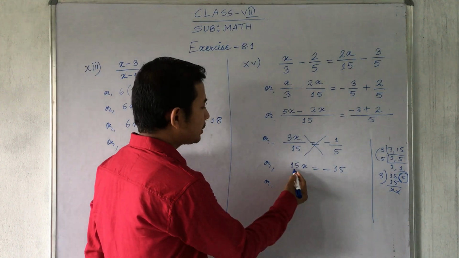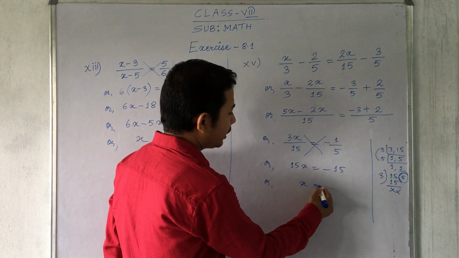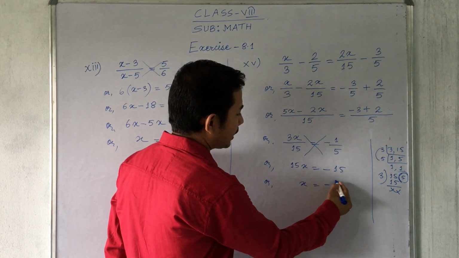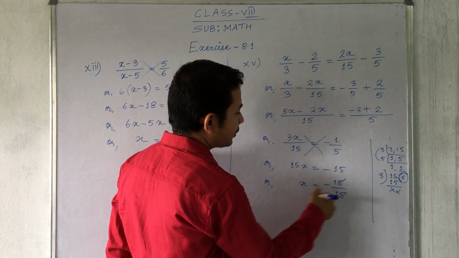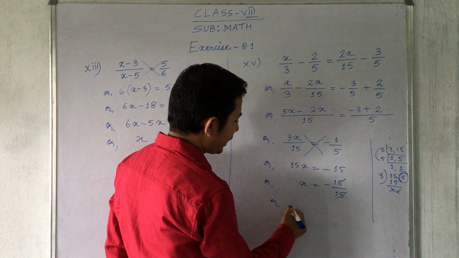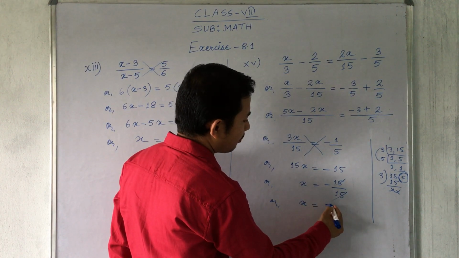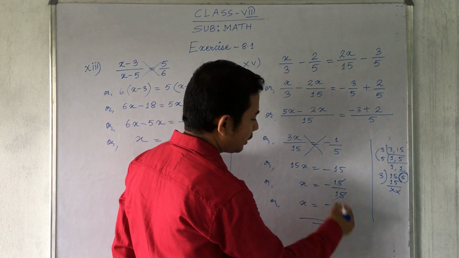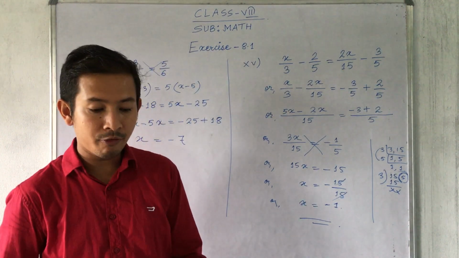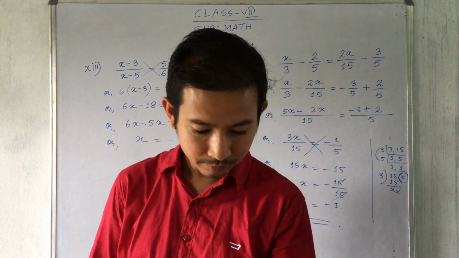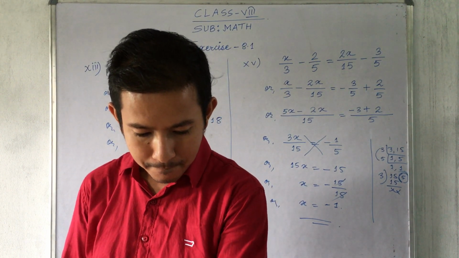So if we move the 15 to the right side, it divides minus 15. So 15 divided by 15 is 1. This way we get the value of x as minus 1. Simple. Understood? Very easy. Try to understand. So this is number 15.